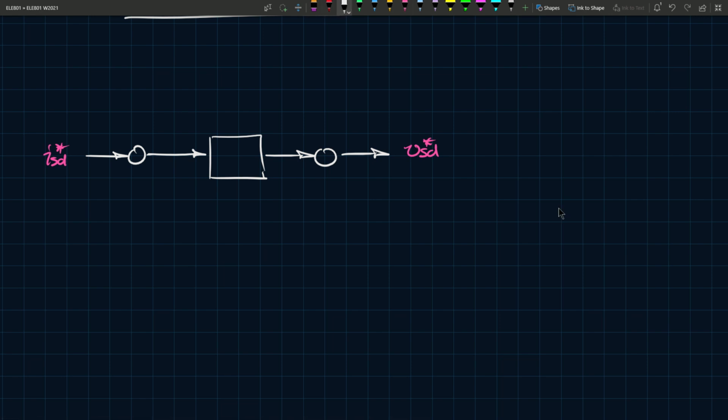So here you'll have a minus, and this will be ISD, right? So the actual ISD that you have. And this here will be KDS. So this ISD again comes from the machine, right? It's a feedback.